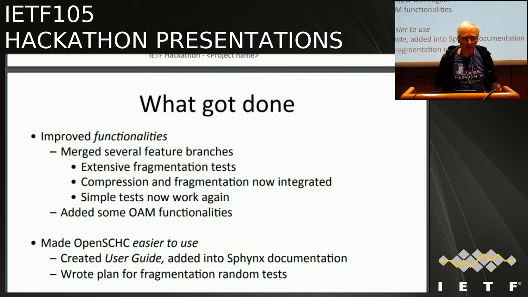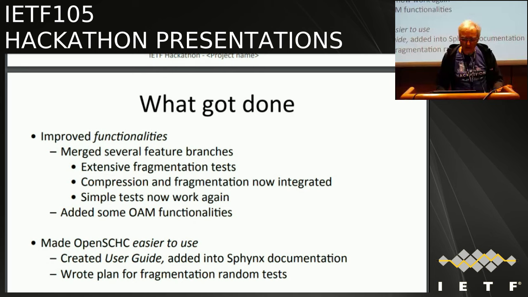We got the basic tests running again, with a few details to be ironed out yet. One of the branches provides the new fragmentation mode that was introduced last fall, including extensive testing of that. We added a few other functionalities, simple OAM stuff like ping responses.